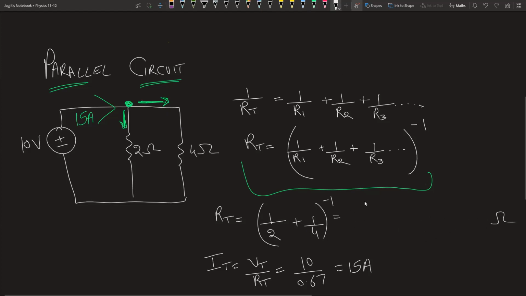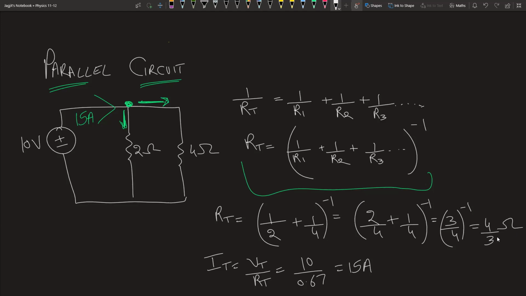We get the common denominator. So we get 2 over 4 plus 1 over 4 inverse, which is 3 over 4 inverse, which is 4 over 3. Yeah, good eye over there. So this is 4 over 3 ohms. And 4 over 3 is 1.33. Good eye.